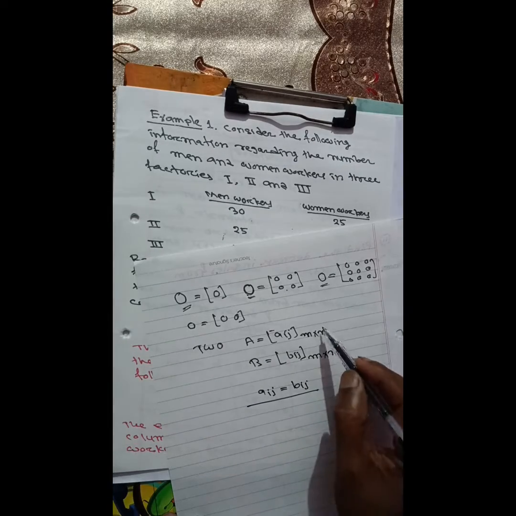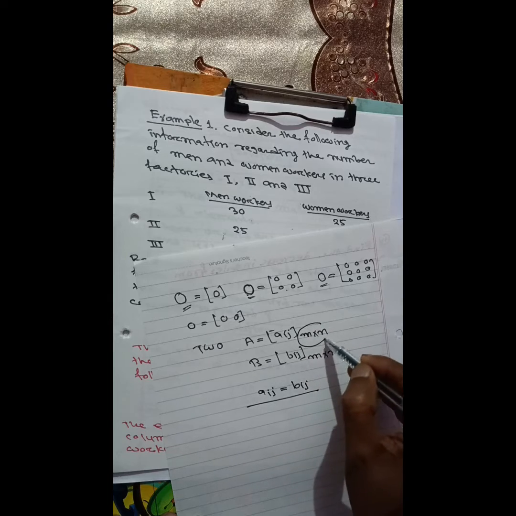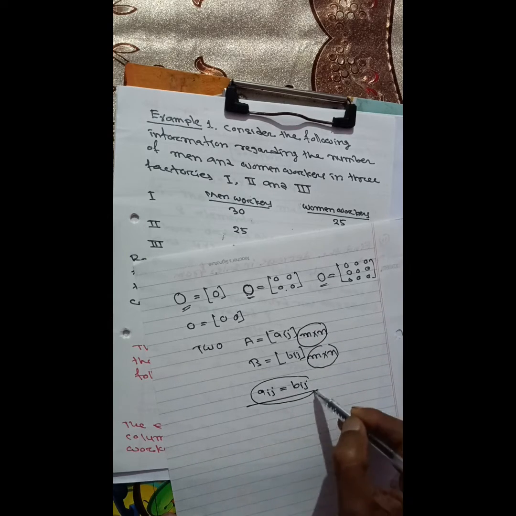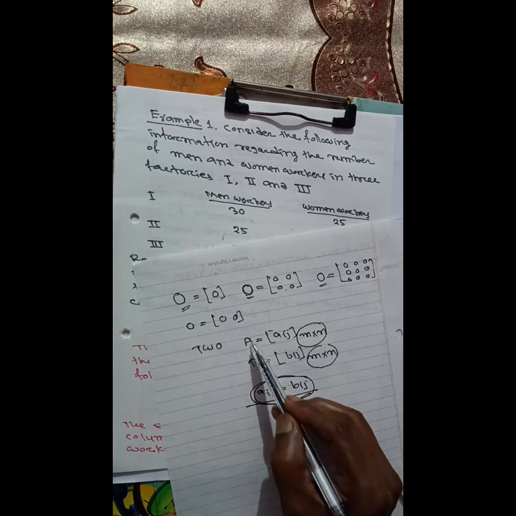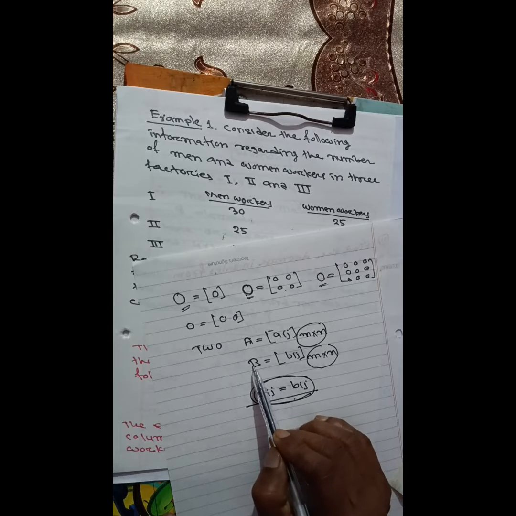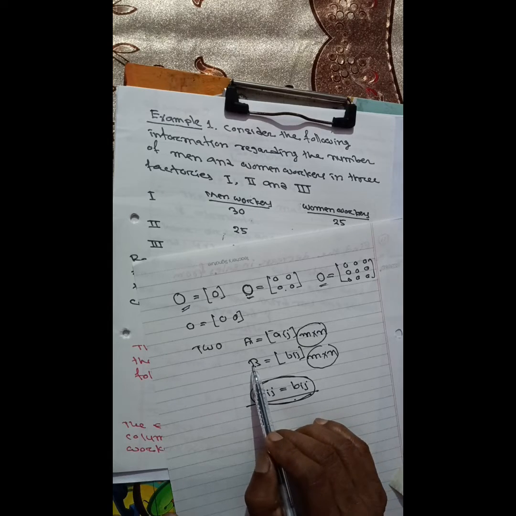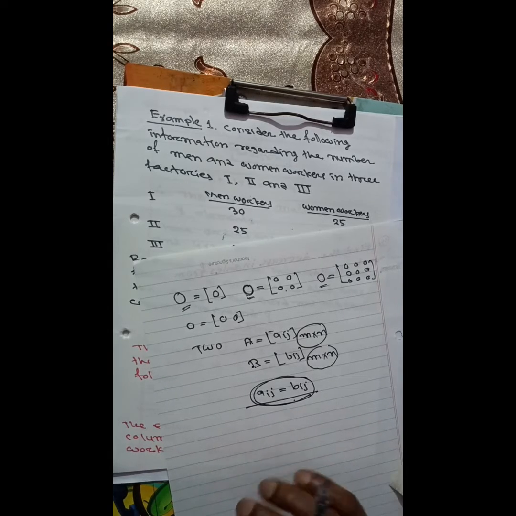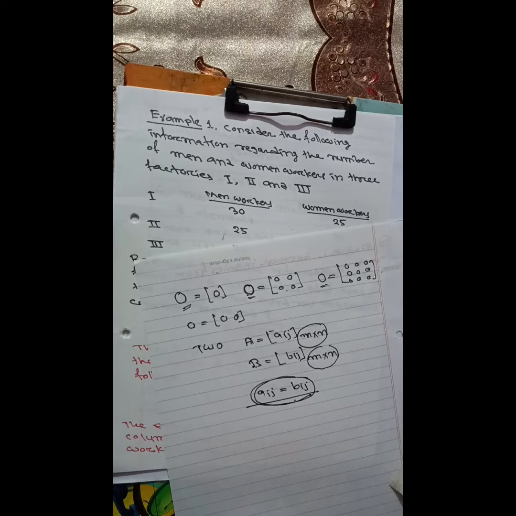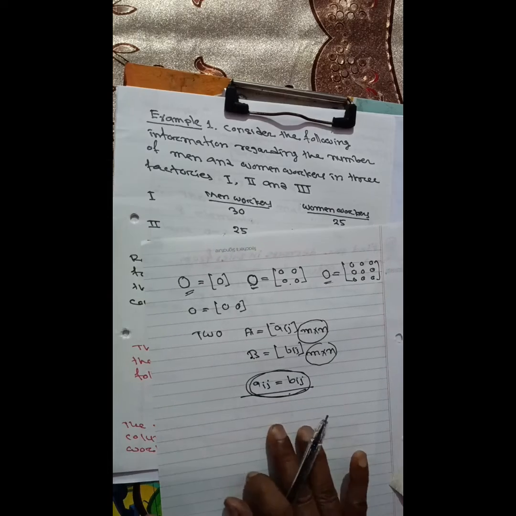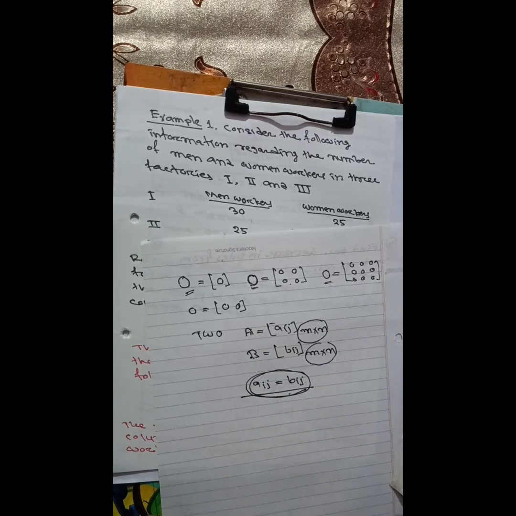The first condition is that the order will be the same, and the next is that corresponding elements will be the same. Then two matrices A and B are said to be equal. That is the theory part of the basic principles of the matrix.